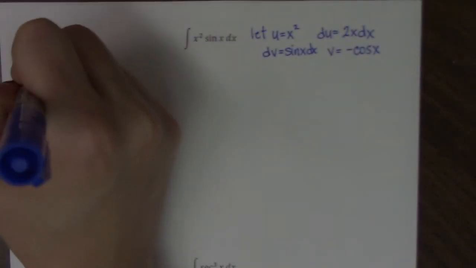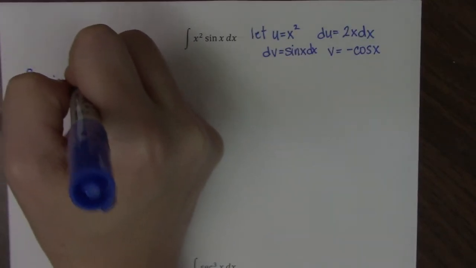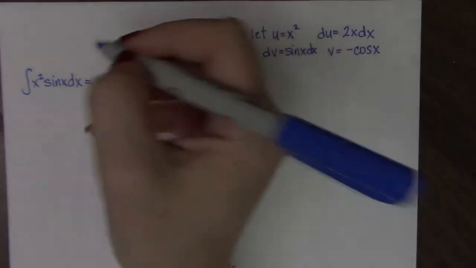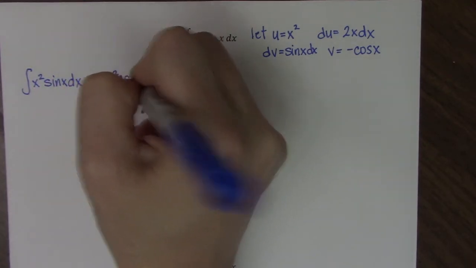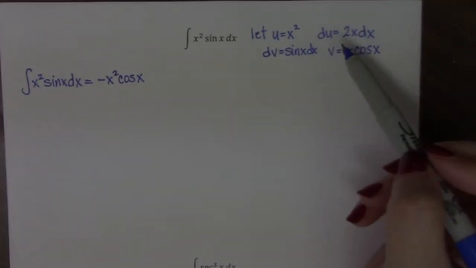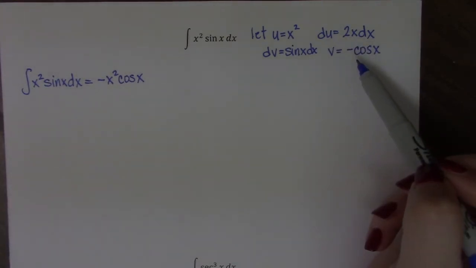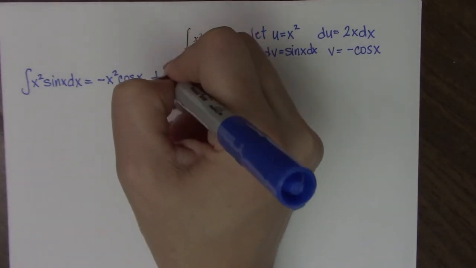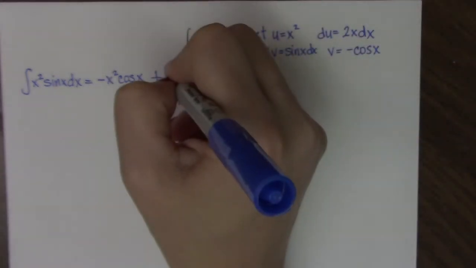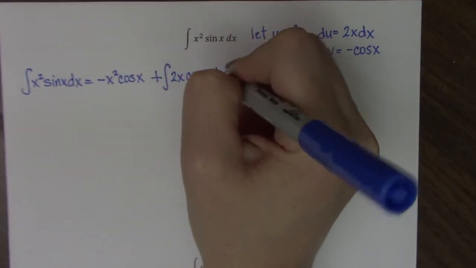So when I apply my theorem, u times v is going to be negative x squared cosine x. And when I subtract my integral, notice it's going to have 2x times negative cosine x. So I'm subtracting a negative, so that becomes a positive 2x cosine x dx.